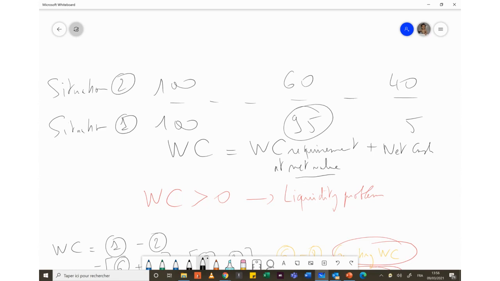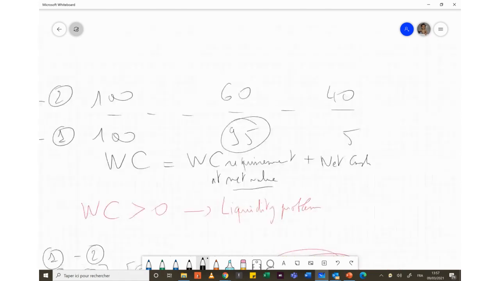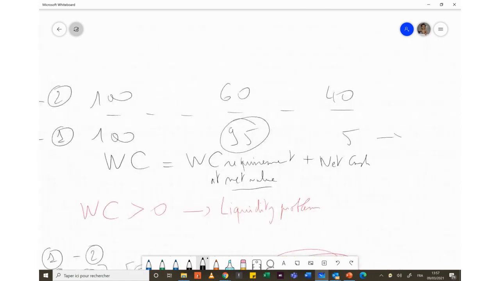So in situation number one, you can have a huge liquidity problem in the future because your working capital requirement represents a huge portion of the working capital. And if what is included in the working capital requirement is not paid, you will not see the cash in your net cash. So in situation number one, we can have some potential problems.